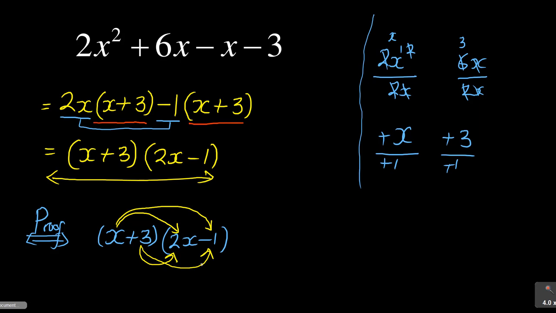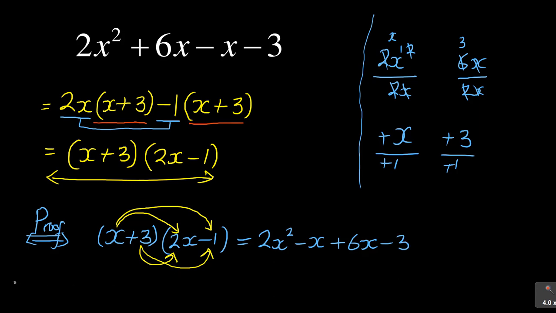And then if you do it correctly, you will have x times 2x is 2x squared, and then x times minus 1 is minus x, and 3 times 2x is a positive 6x, and 3 times minus 1 is a negative 3.